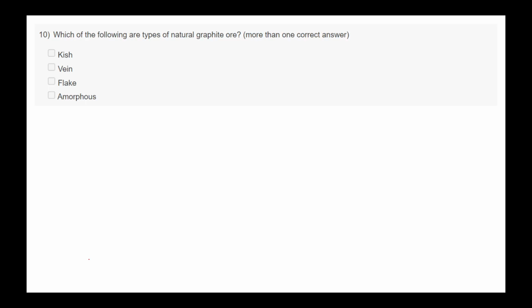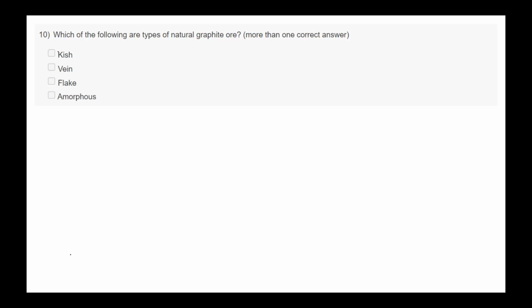Tell me which one it is. Is Kish a natural graphite ore?